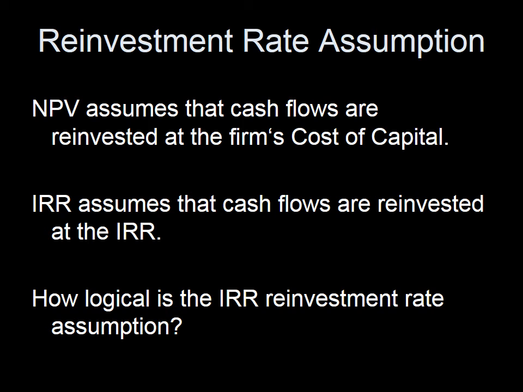We took each of the cash flows each year and discounted by the firm's cost of capital. Whereas if you look at the internal rate of return slide, you would see that we were actually discounting by the internal rate of return, not the cost of capital.